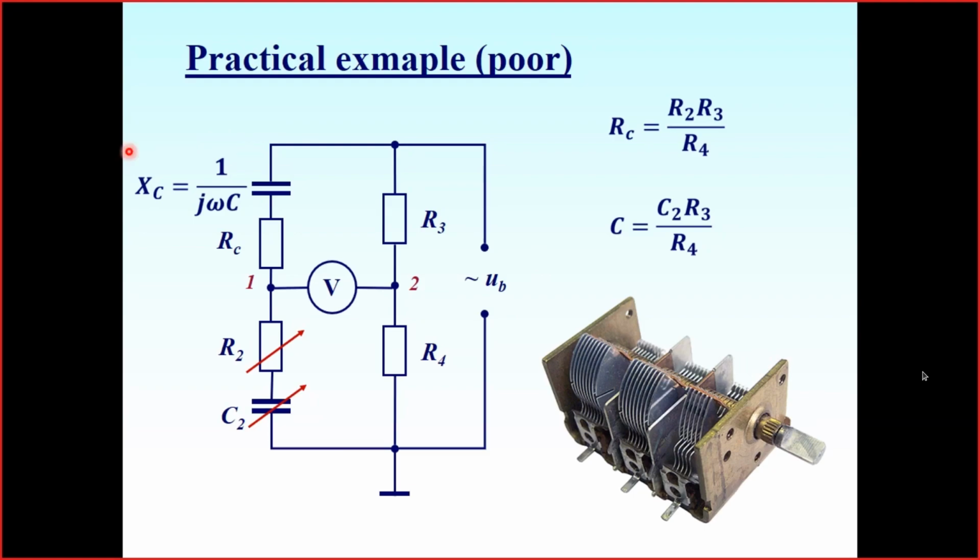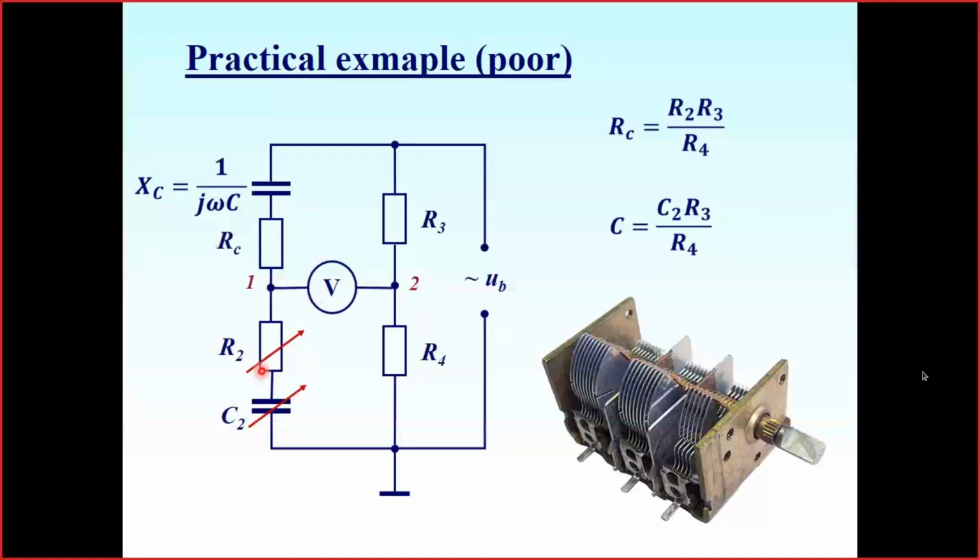We adjust one of these regulating elements, looking at this meter, and we need a meter which shows at least the amplitude of the oscillations, because the voltage between 1 and 2 will be alternating. We regulate, for instance, R2 until we get a minimum of this amplitude. Then we regulate C2 until we get the next minimum.